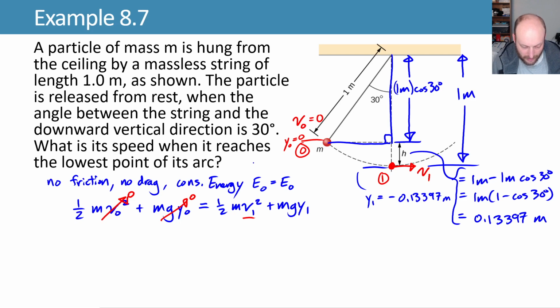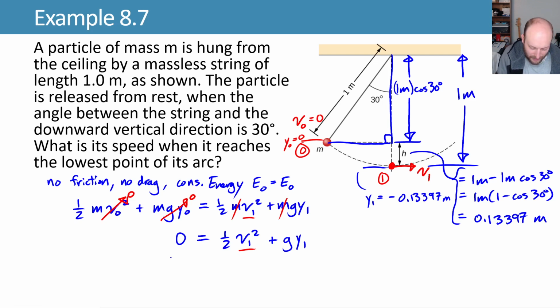We can luckily cancel out this mass by dividing both things by the mass. And I'm going to rewrite this. Here, 0 is equal to 1/2 v1 squared plus g y1. Solve one equation, one unknown. For the unknown we want to know, v1, by moving the g y1 to the other side, so we get negative g y1.